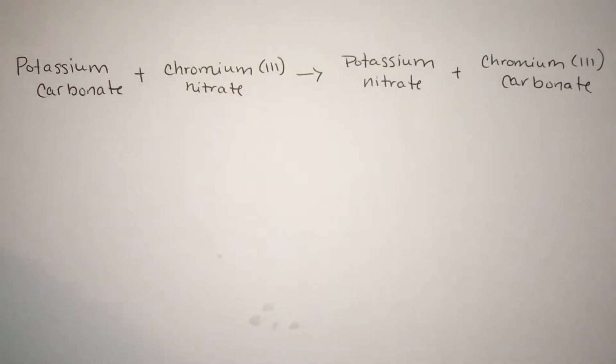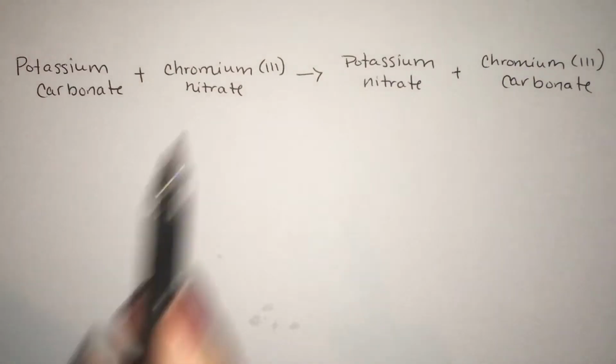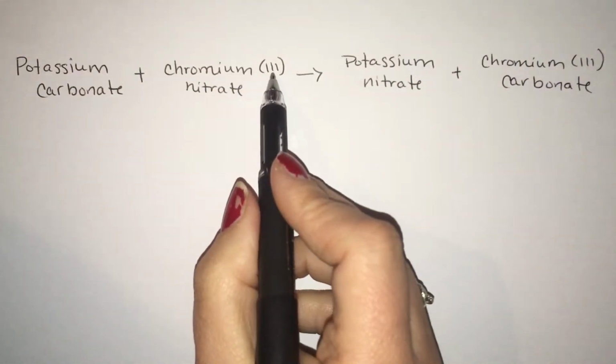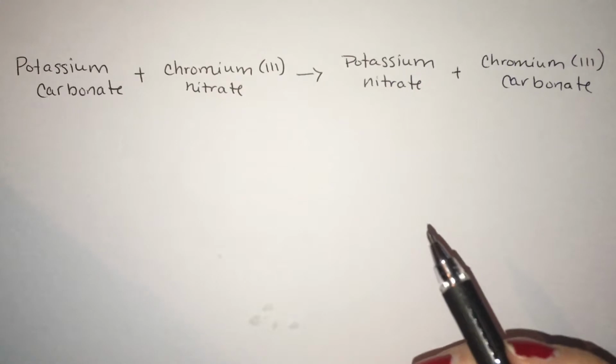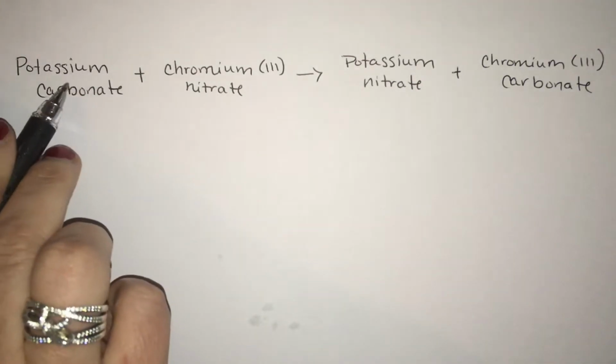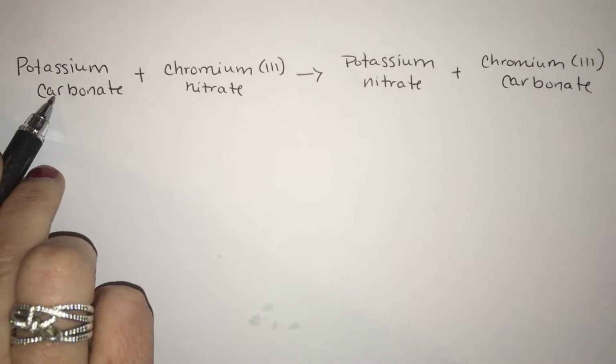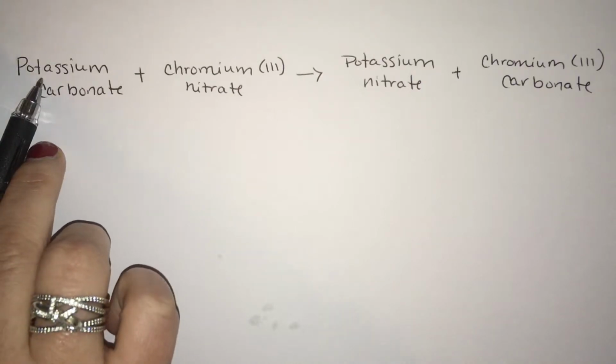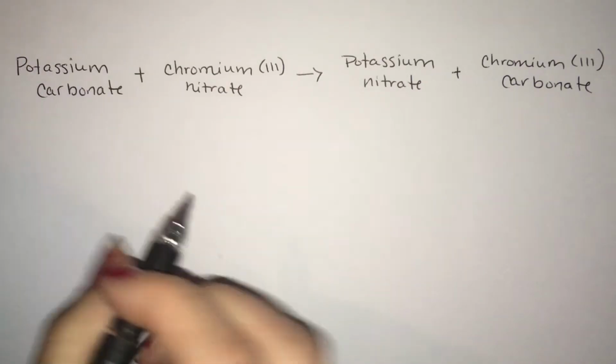Okay, let's do our last example. This example includes polyatomic ions as well, and it includes elements where we will have a Roman numeral, so this has everything. So this is not an element, this is a compound, potassium carbonate. Potassium is a metal, so we are going to consider it an ionic compound.